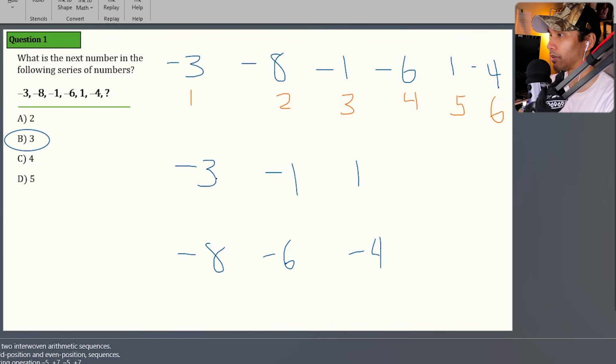From -3 to -1, it goes up by +2. From -1 to 1, that is +2. So +2 is the pattern, and 1 + 2 equals 3. And that's going to be the 7th number in the sequence.